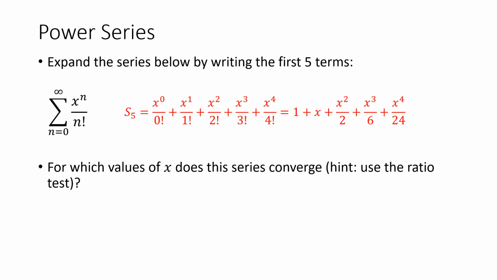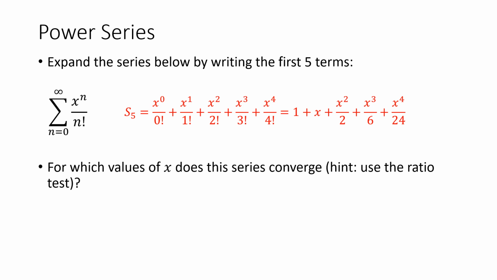Expanding this results in, first of all, x to the 0 over 0 factorial, then x to the first over 1 factorial, and going on up, where the fifth term is x to the fourth over 4 factorial. Noting that 0 factorial is 1, and the 1 factorial is also 1, and using a calculator for the other values, we get the series 1 plus x plus x squared over 2 plus x cubed over 6 plus x to the fourth over 24.